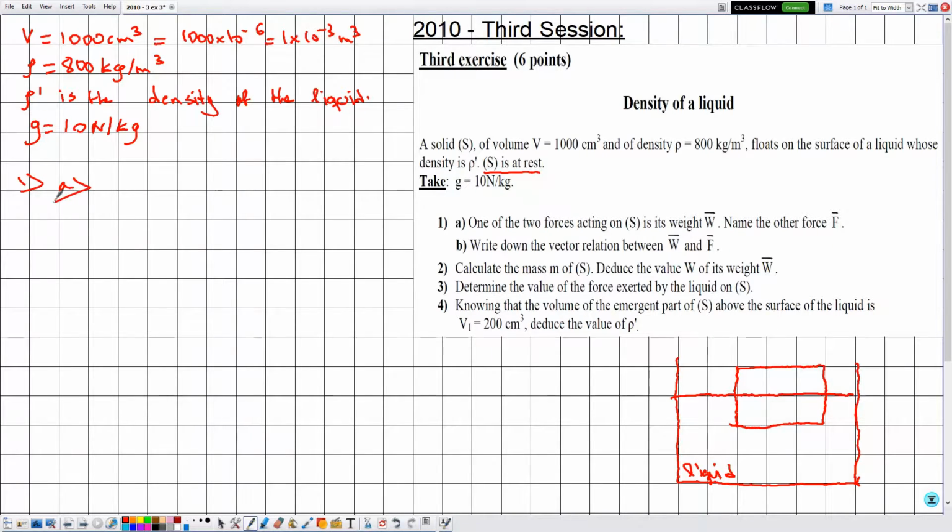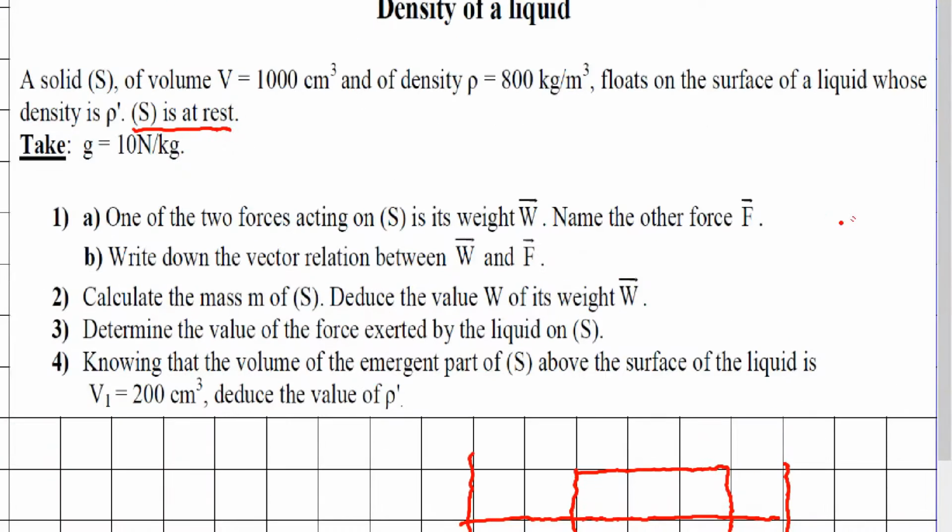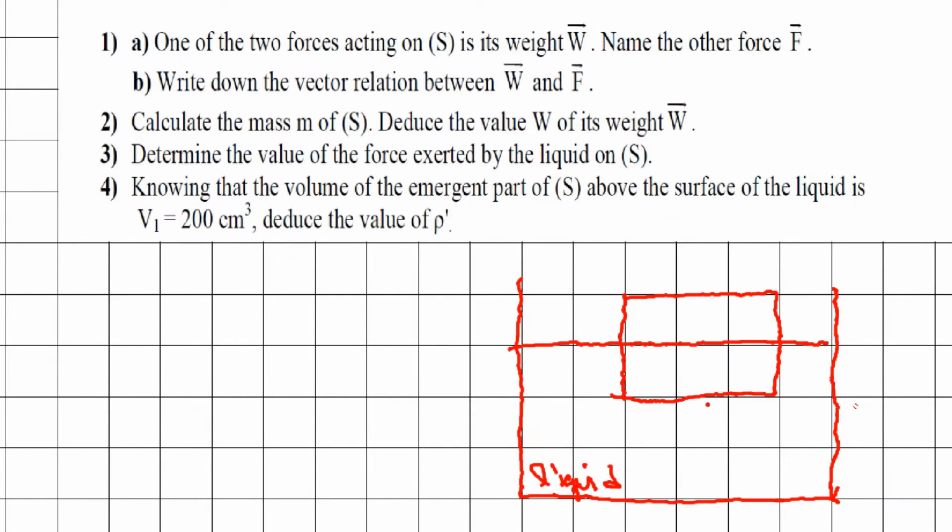Then part A: they are telling me one of the forces acting on S is its weight W, and to name the other force. Because we have a liquid, in addition to the weight, it will be directly subjected to the Archimedes upthrust force, which acts on the center of gravity of the immersed part.